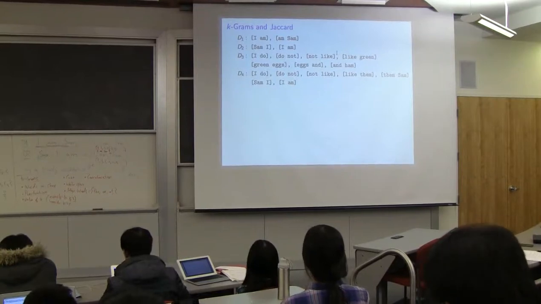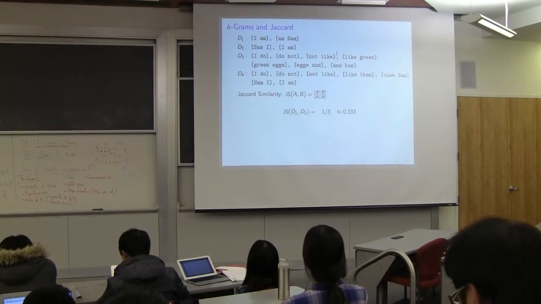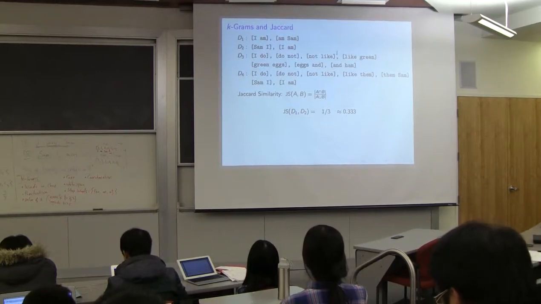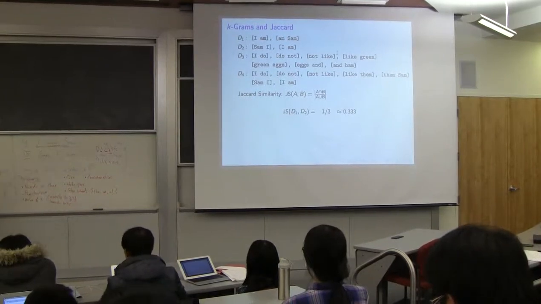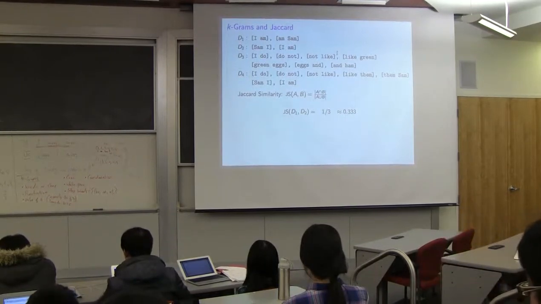Okay, and then I can apply the Jaccard similarity between them. So for instance, the Jaccard similarity between the first two sets now is going to be 1/3. Before, with the bag of words model, these looked exactly the same. Now I have some difference between them.